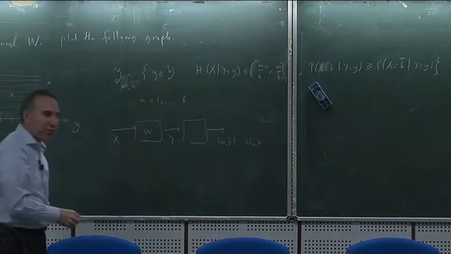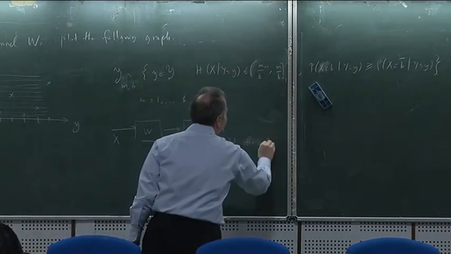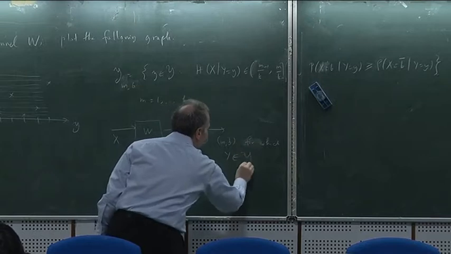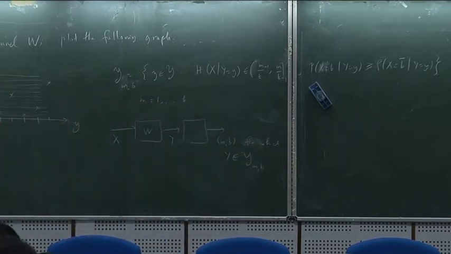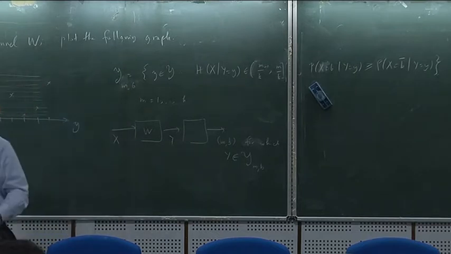So the index M, B for which Y is an element of the script Y_MB. So the processing tells me, I won't tell you which Y the channel produced. I'll tell you only the index M and the B that this particular Y fell into.